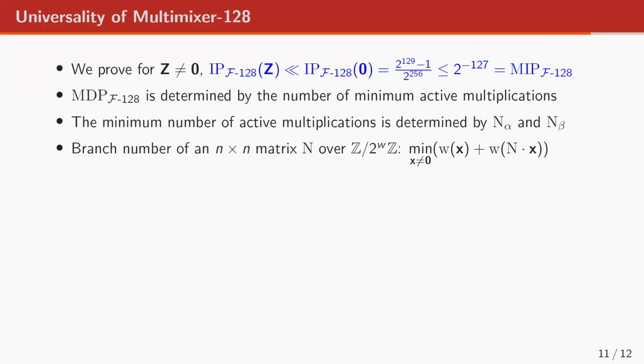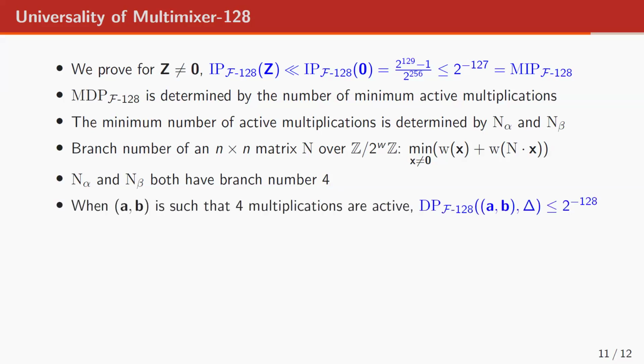The branch number of an n by n matrix over W-bit integers is simply the minimum of the weight of X, where X is an n-component vector where each component is a W-bit integer, and by weight we mean the number of non-zero components in X plus the number of non-zero components in N times X, and of course we have to take the minimum over all non-zero X. Now, N alpha and N beta are both matrices that have branch number 4.